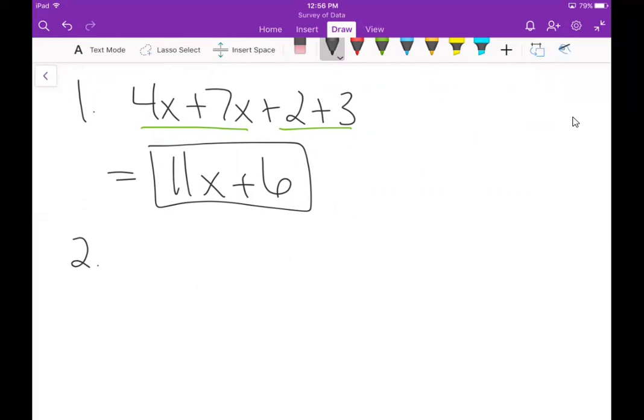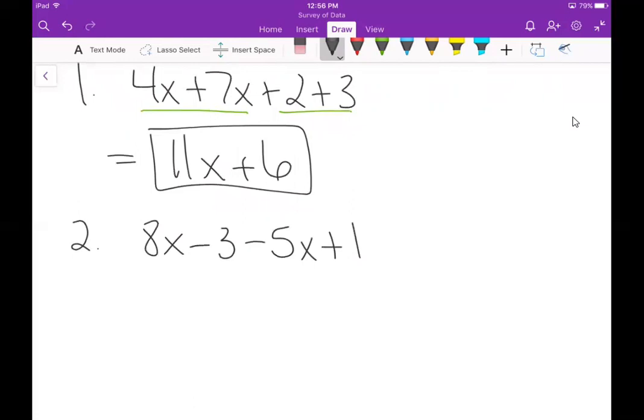Okay, so try this one as well. Sometimes you won't see those like terms next to each other, and that's okay. We know that we can do these things in other orders just so long as we keep track of the signs, right? So this is the same thing as 8x, make sure you take that negative with the 5, minus 5x, then we have minus 3 plus 1.